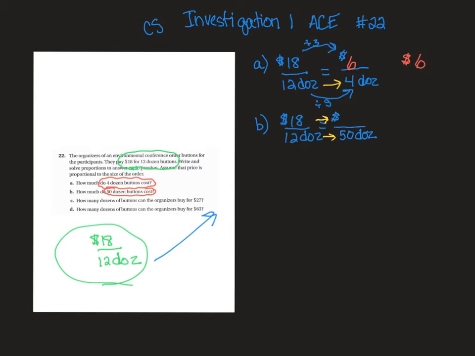Okay, so I'm going to figure out, what do I multiply 12 by to get 50? And if I put that in my calculator, if I say, okay, 50 divided by 12, what is that? I find out that I'm going to be multiplying by, and I'm going to round to tenths, 4.2. And so then I'm going to multiply 18 by 4.2, and I'm getting a little crowded there.